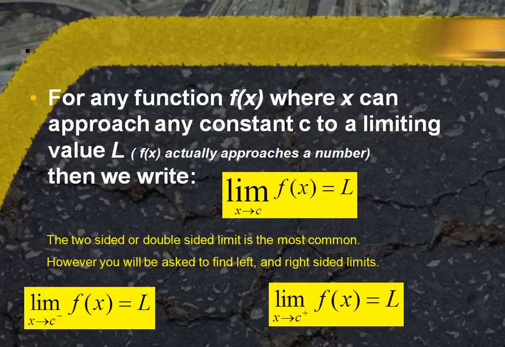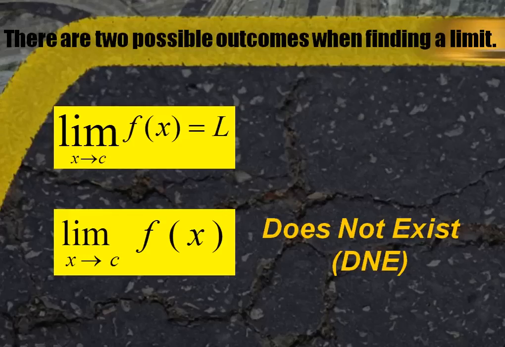Or we might say the limit as x approaches c from the right, the little plus sign is that notation, of f of x is equal to our limit. Now when we write our answers, we want to say the limit as x approaches c of f of x equals a value, or if it fails, then we have to show that and say the limit as x approaches c of f of x is DNE, meaning does not exist.